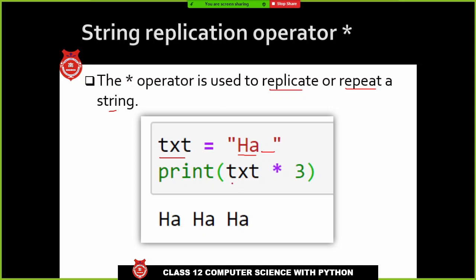I'm trying to print this txt with the replication operator and the number 3. So "ha ha ha" will be printed out. I declared it as a single "ha" with a space, but because of 3, "ha ha ha" will be printed out. This is repetition. Is it clear?